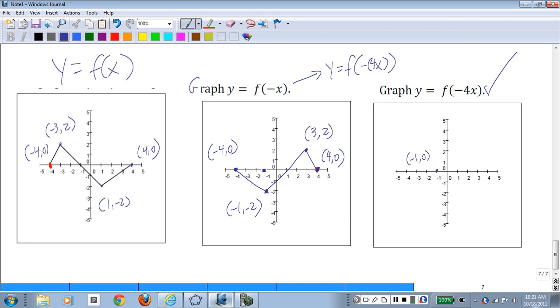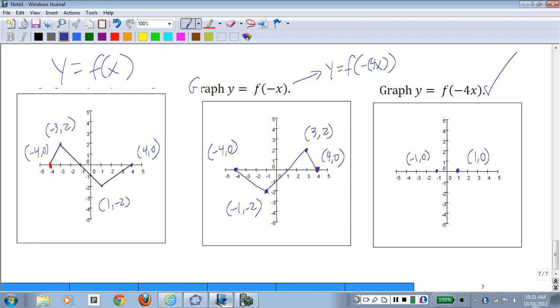Negative 4, 0. We're shrinking here horizontally. So negative 1, 0. 4, 0. What's 1/4 of 4? Take that 4, multiply by 1/4, and we get 1. So there's that. The entire graph has to fit in between those 2 points. Just compressed, shrunk, horizontally by a factor of 1/4.